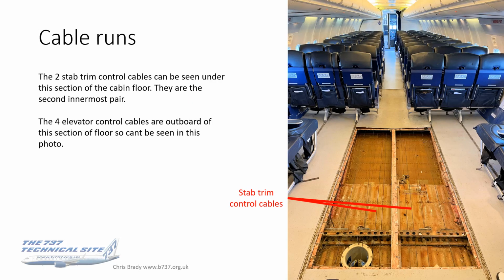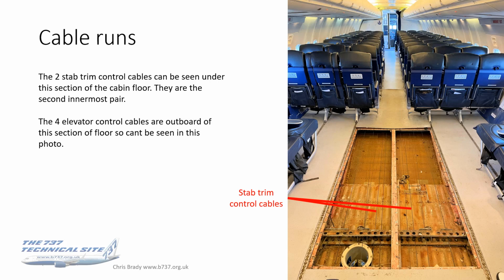Now those cables then run back from the flight deck, and I've indicated which pair they are in this photograph here. Not the innermost pair, that's the rudder. The next pair out. And they run the full length of the cabin floor.